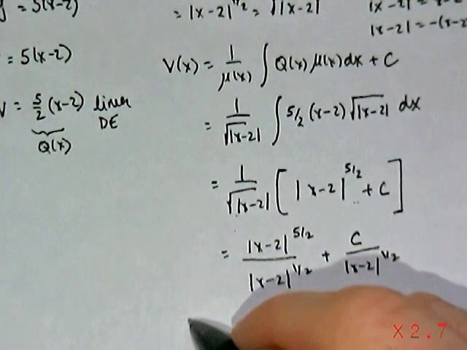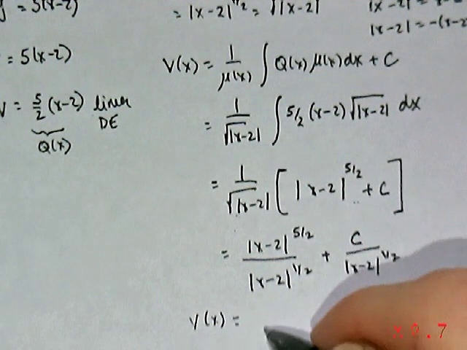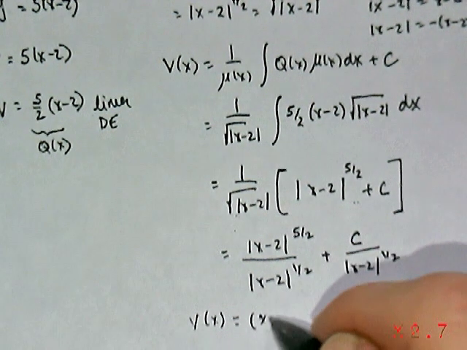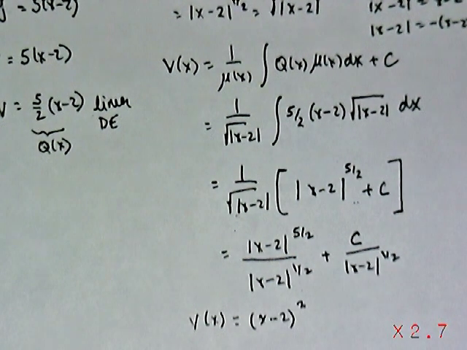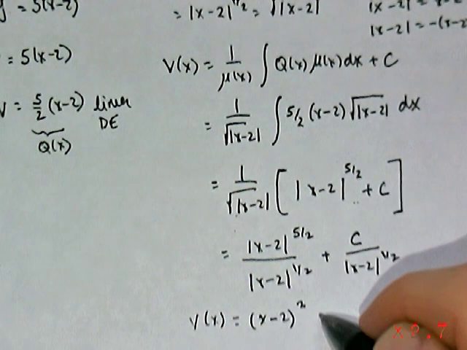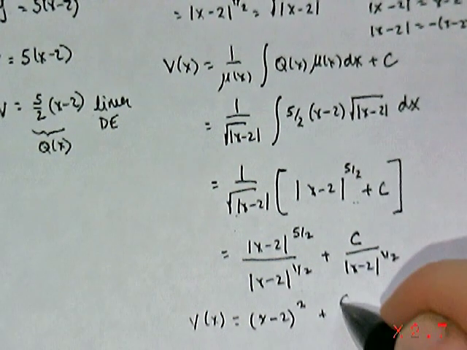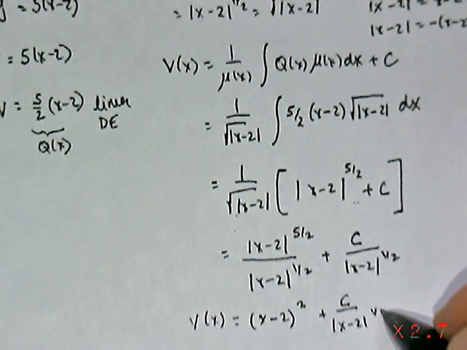And so ultimately v of x is equal to the absolute value of x minus 2 quantity squared, because I can drop the absolute value by taking the difference of the exponents. That will always be positive. And then the remaining term is just c over the absolute value of x minus 2 to the 1/2.